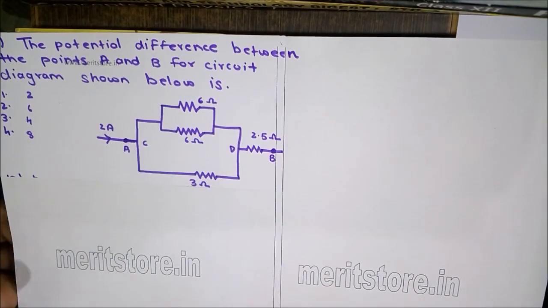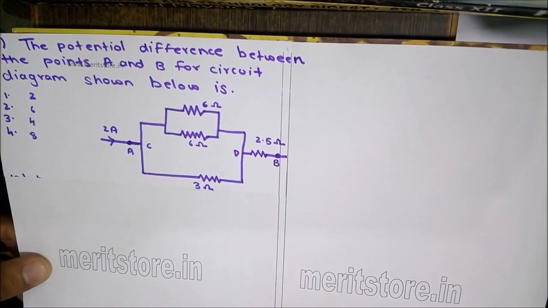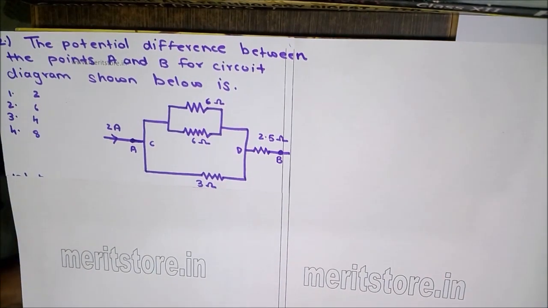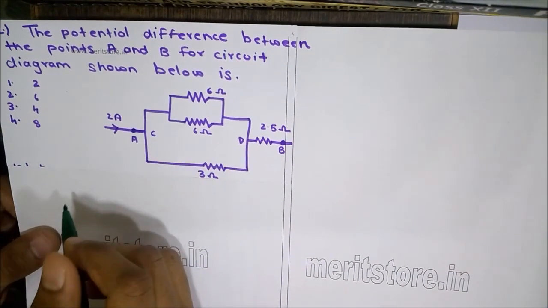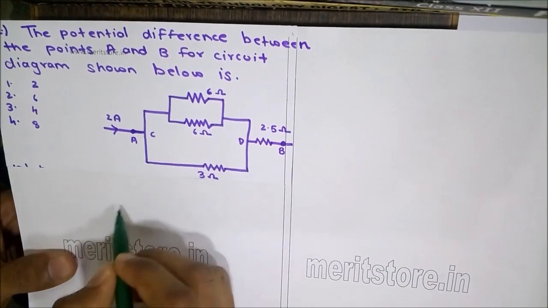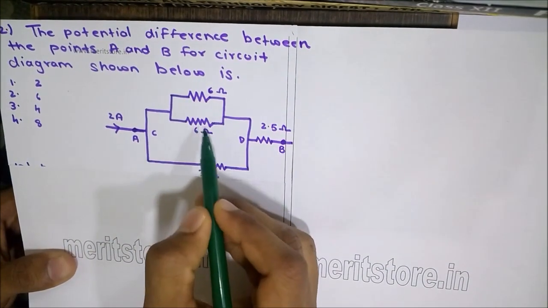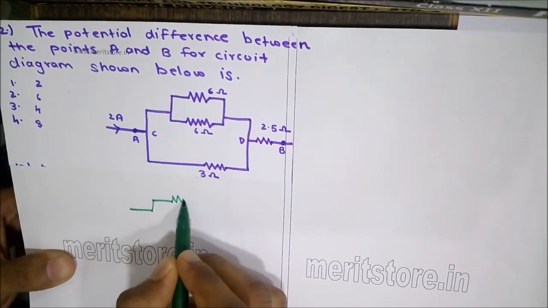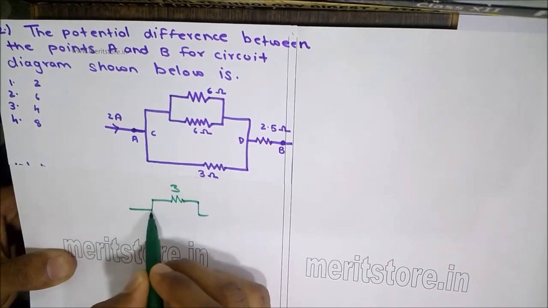The potential difference between the points A and B for the circuit diagram shown below is, we got four options: 2, 6, 4 and 8. In order to find out the potential difference, let us simplify the circuit and find out the equivalent resistance. The 6 ohm resistor and another 6 ohm resistor are in parallel, which gives us a combined resistance of 3 ohms.